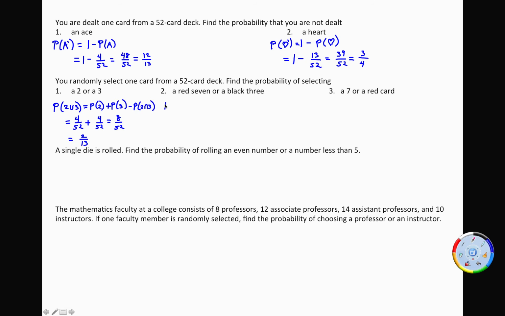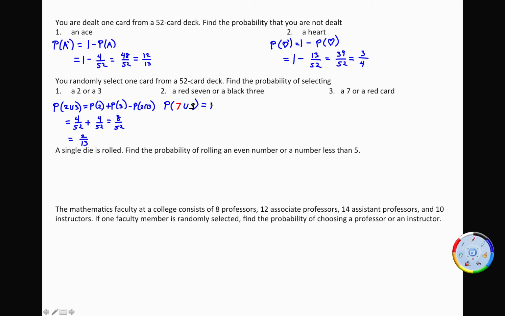What's the probability that you're going to get a, let's do that this way, a red 7? Or a black 3, just to save us some space here in my writing.